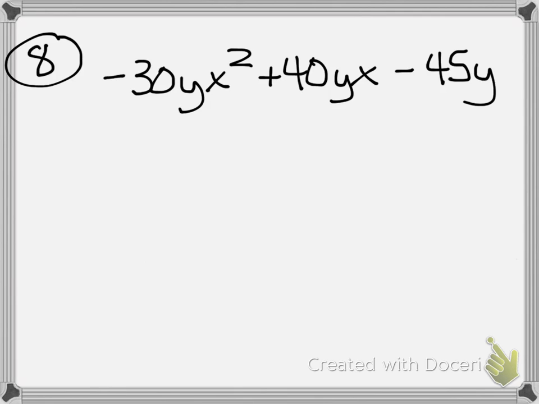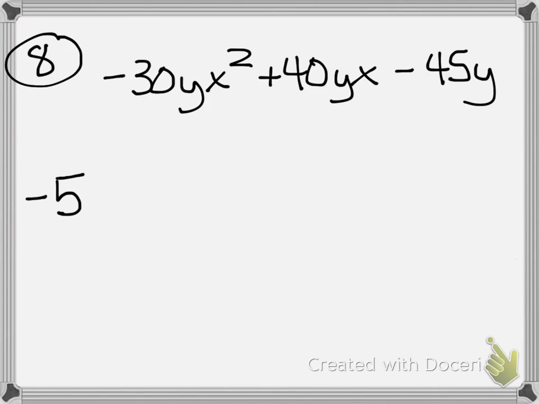So 10 would work for 30 and 40, but it doesn't work for 45. So we're going to have to back off, come down smaller. 5 would work for everything. And the first one is negative. And I don't want that first one to be negative, so I need to make my GCF negative instead. So my GCF is going to be negative 5.